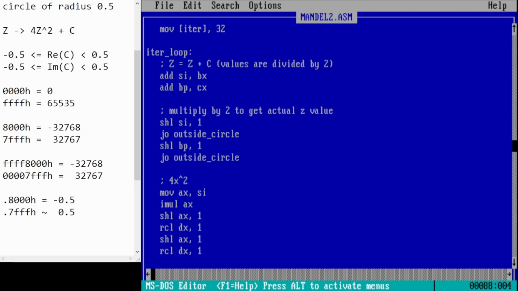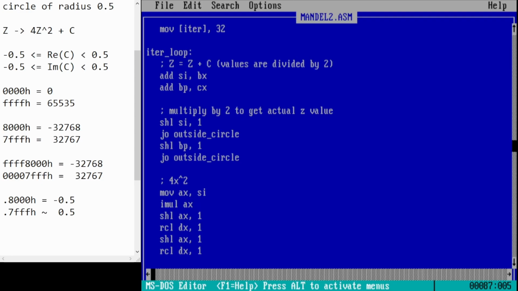Now to multiply by 4, it's just 2 shifts left by a bit, and so I need to do 2 32-bit shifts, and each of those is just a shift left, rotate through carry left combination. And so now I have 4 times the real part squared. But I need to think about whether any overflows could happen here. Well, I started with values in the range minus 0.5 to 0.5, and I squared them.